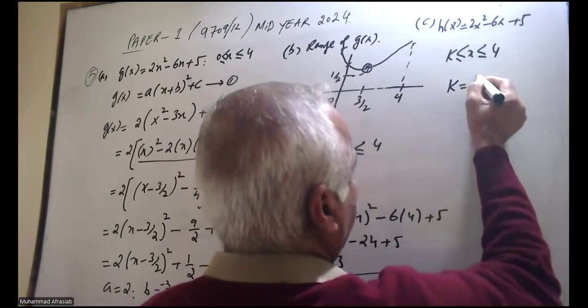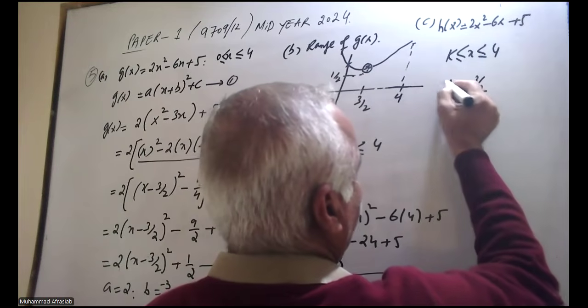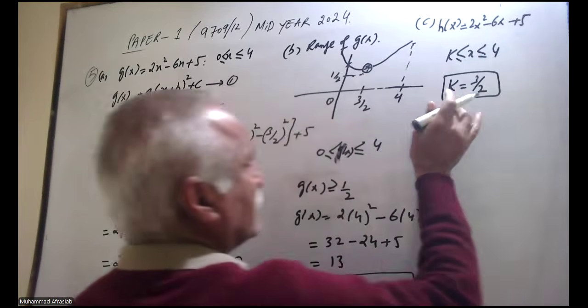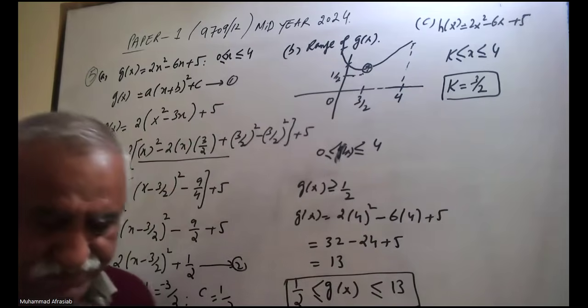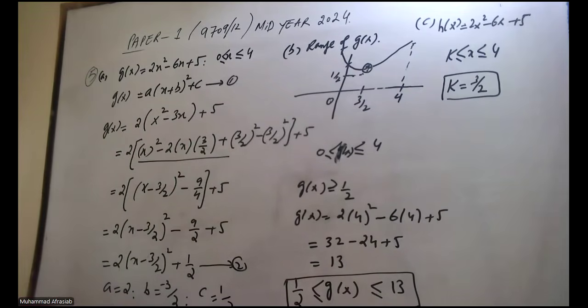So k value is equal to 3/2 there, because it is the turning point of this graph. Now, find the inverse of h(x).